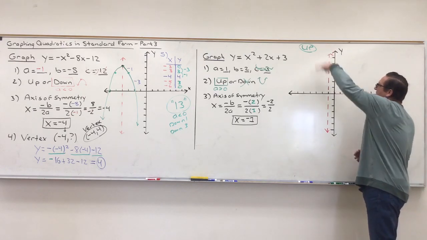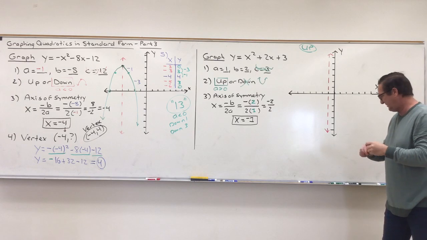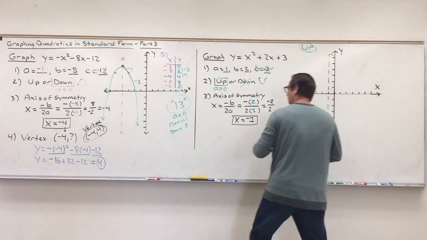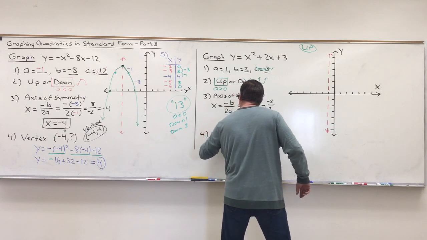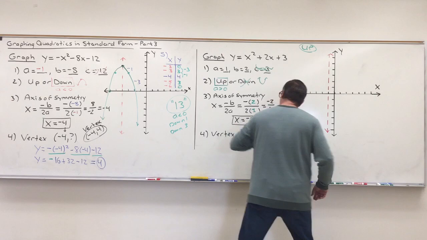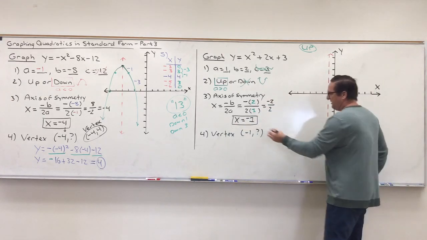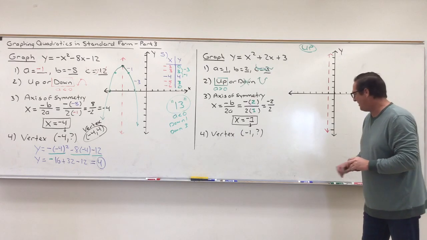I know I got a parabola going up somewhere along here, so now I'm going to find the vertex. So my vertex is negative 1 comma question mark, okay, because I'm going to find my y value.